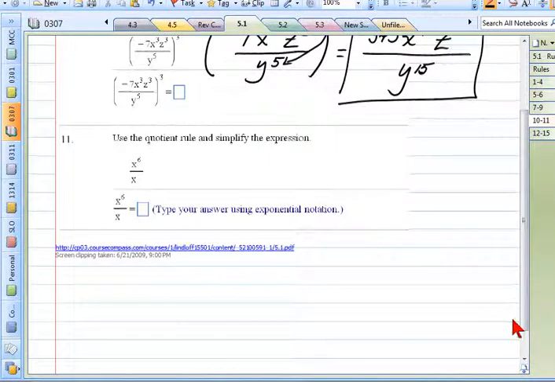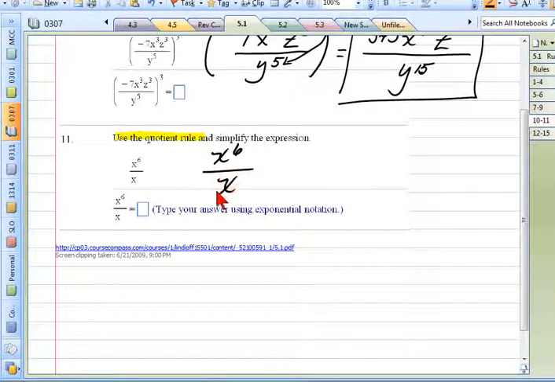All right, number 11. Change up on the instructions. It says use the quotient rule. I have x to the 6th over x. What's the exponent on this denominator? A 1. So what does the quotient rule say to do? Subtract. So I'm going to have x to the 6 minus 1.